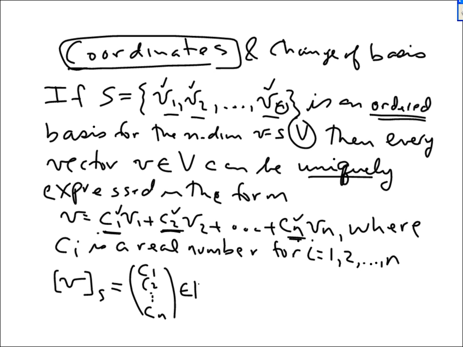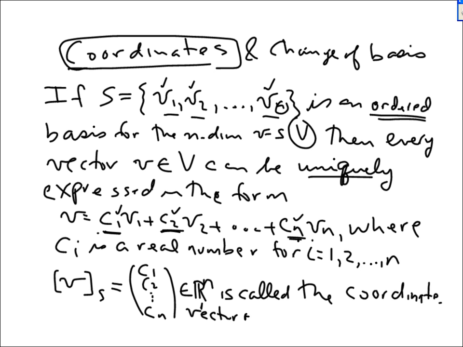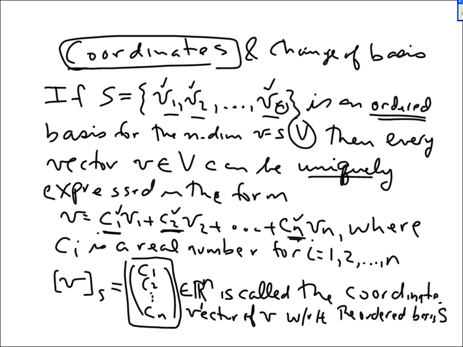This is in R^n, and it is called the coordinate vector of v with respect to the ordered basis S. These scalars define v.